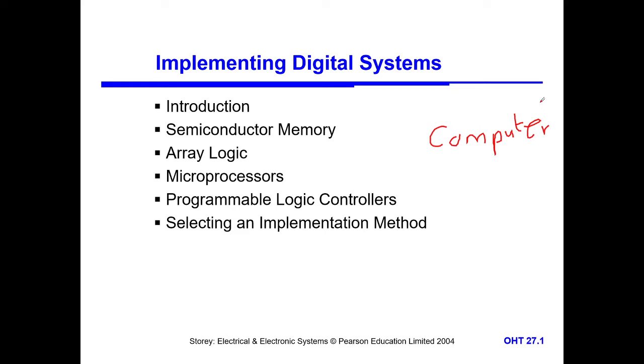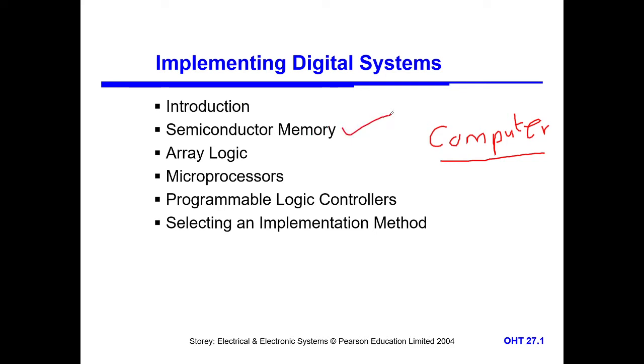It waits for some more primary results, and they are again stored in the memory. Then they will be converted back using the D2A converter, and after that we can see the output at output devices such as monitor and printer. So in the implementation of the digital system, I am going to explain the necessity of semiconductor memory.